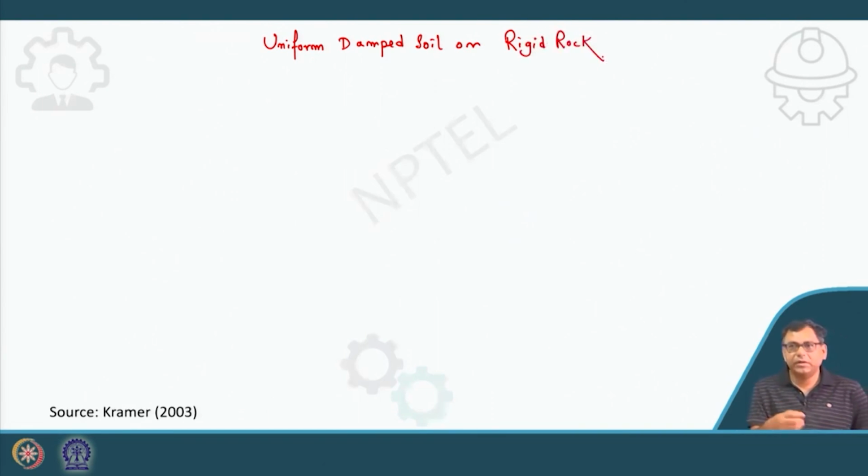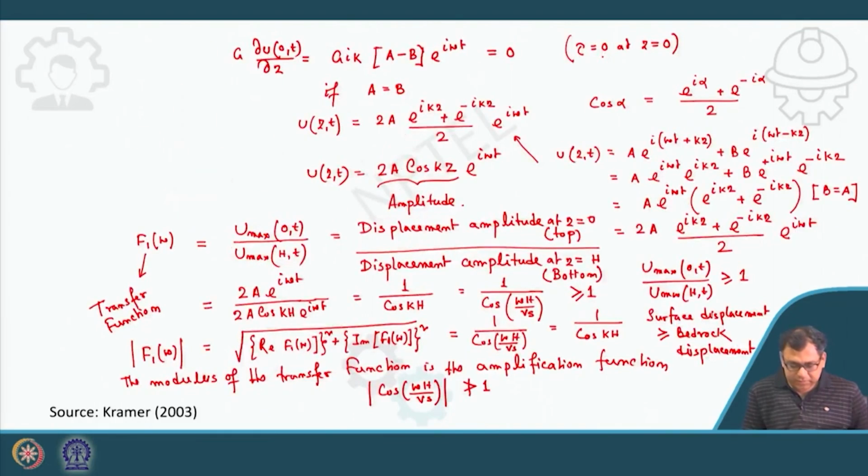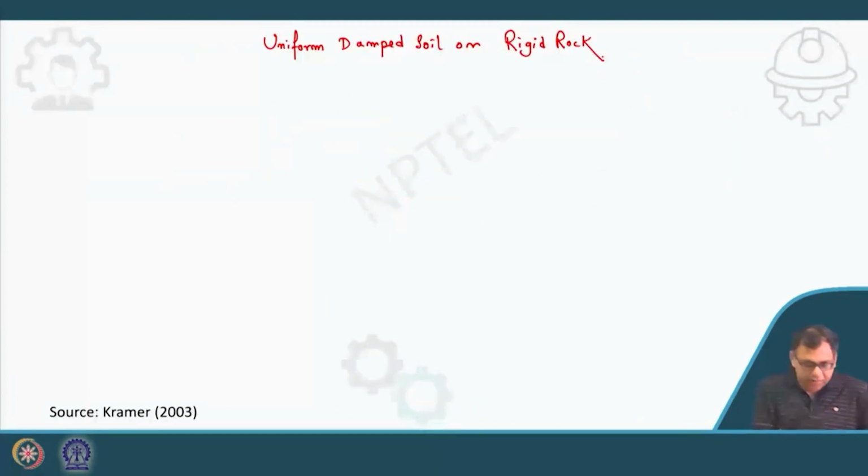Here I am not giving the response, I am directly writing the transfer function, because you know how to get it: from the response, the transfer function is basically the displacement amplitude at the top divided by the displacement amplitude at the bottom of the soil layer. Bottom is the bedrock, top is the surface. Now I am getting the transfer function F2, which means it is the second case. So, this is the transfer function for this case.